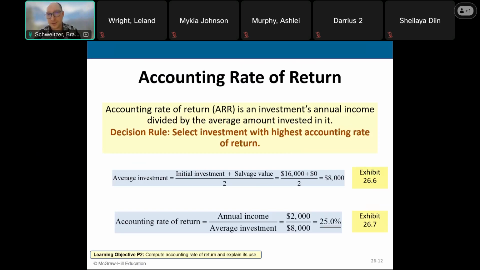Whatever's highest is what we're going to go with. So if the accounting rate of return is high, based off of, I don't know, other opportunities, whatever the highest percentage is, that's the decision we make.